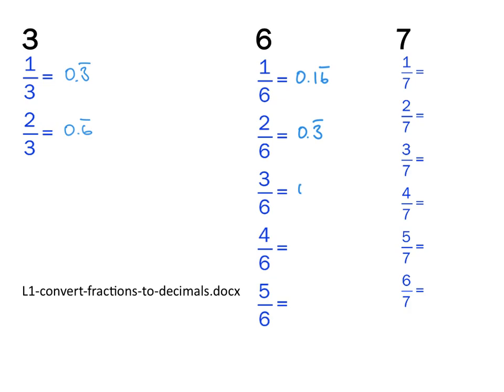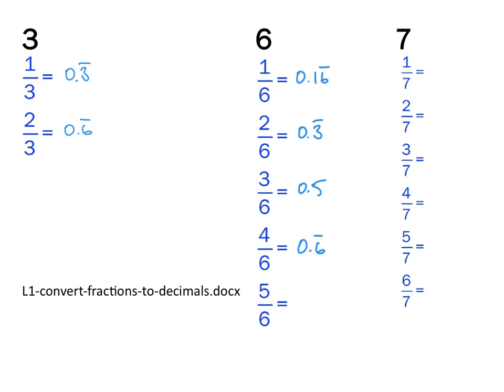So that's actually 0.5. No repetition, just like 50% or half of something. 4 out of 6 is the same as what? 0.6. Yeah, same as 2 out of 3, so 0.6 repeated.